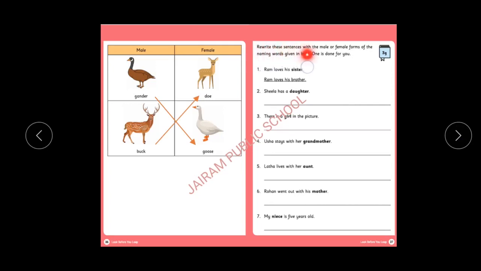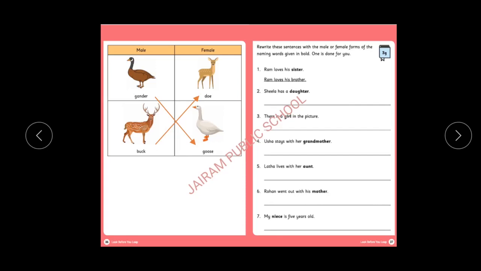Rewrite these sentences with the male or female forms of the naming words given in bold. One is done for you. They have given some sentences. In that sentence, they have highlighted the feminine or masculine nouns.